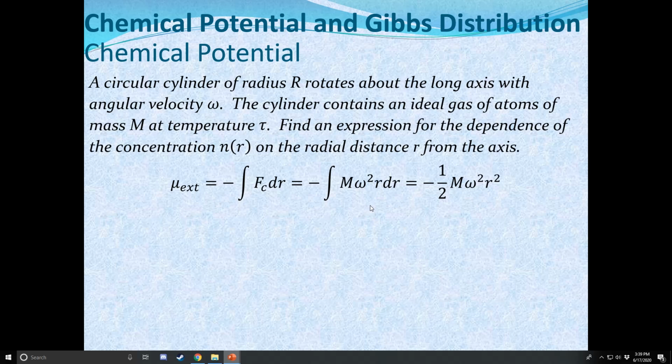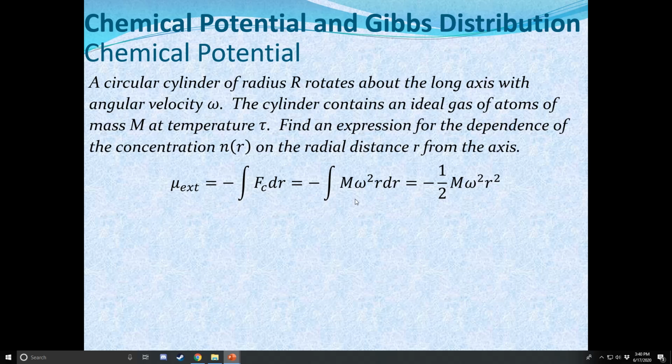Now, the way we're going to do this is using the concept that energy or work is the integral of force as a function of distance. Moving around in a circle, that force is going to be the centripetal force, and the distance is going to be the radial distance. So that's where this is coming from. The fact that work is the integral of force with respect to distance.